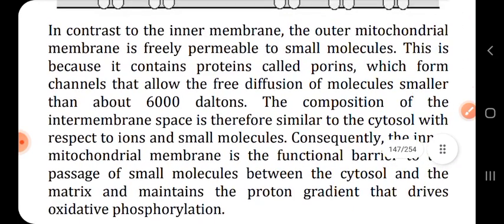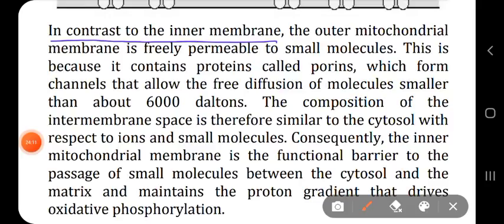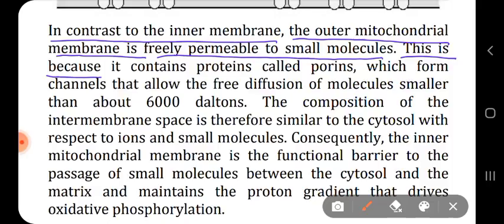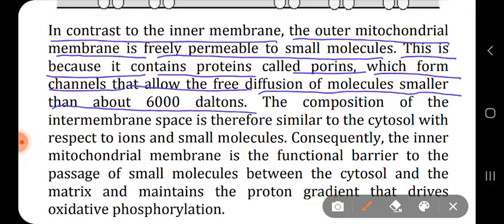Now, in contrast with the inner mitochondrial membrane, the outer mitochondrial membrane is freely permeable to small molecules. That means we can easily transport small molecules across the outer membrane because it is permeable. This is because it contains carrier proteins called porins, which form channels that allow free diffusion of molecules smaller than 6,000 daltons.